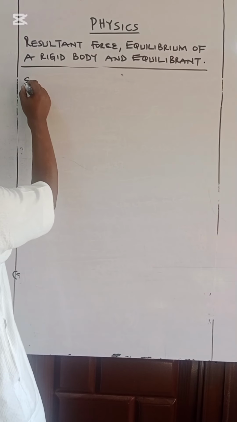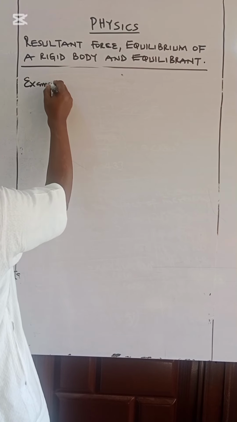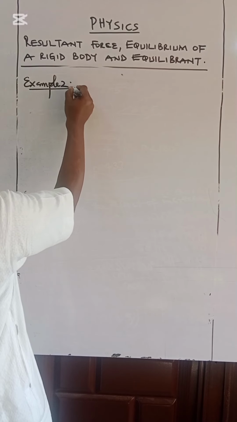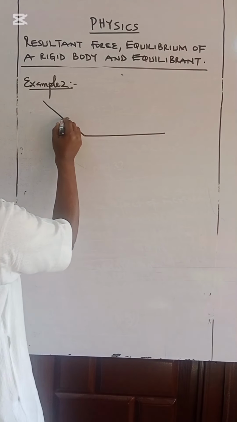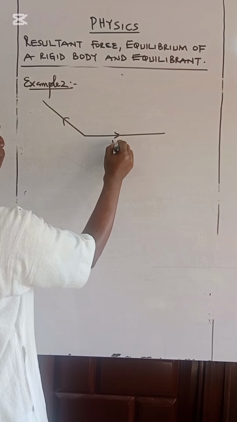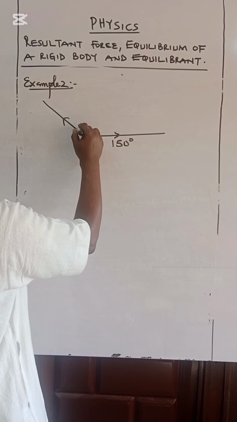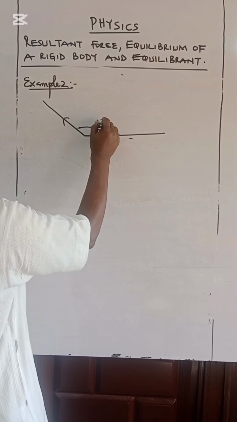Let's see another example. We call it example 2. You have two forces acting on a body at an angle of 150 degrees to each other.